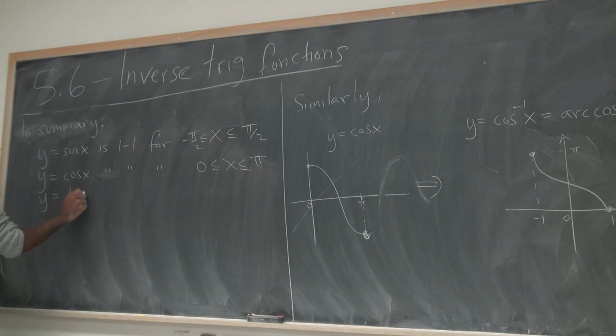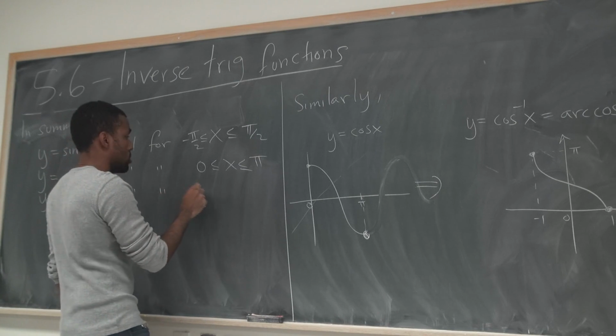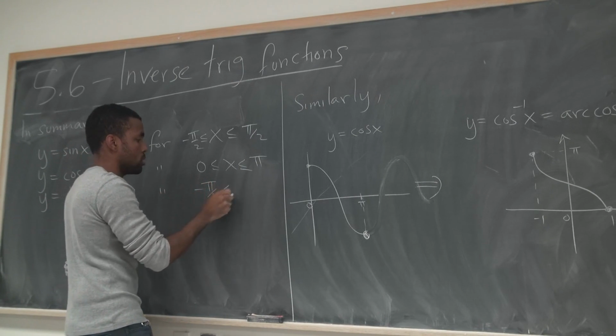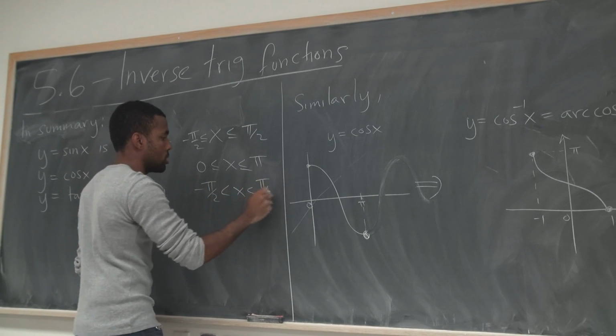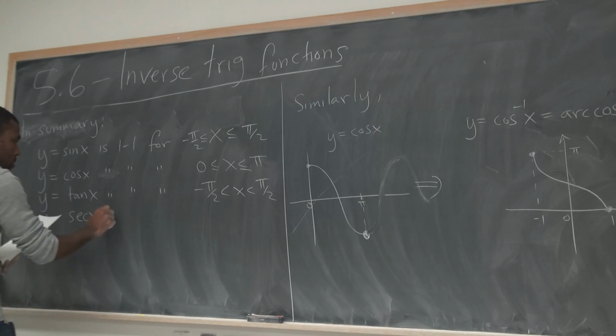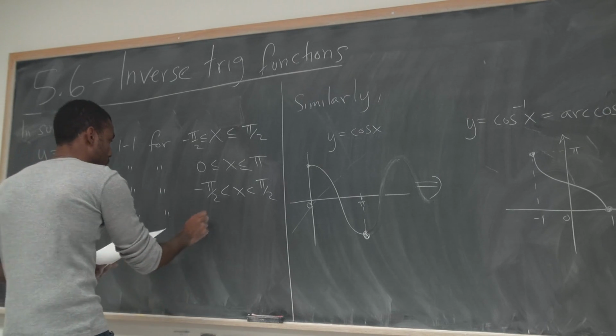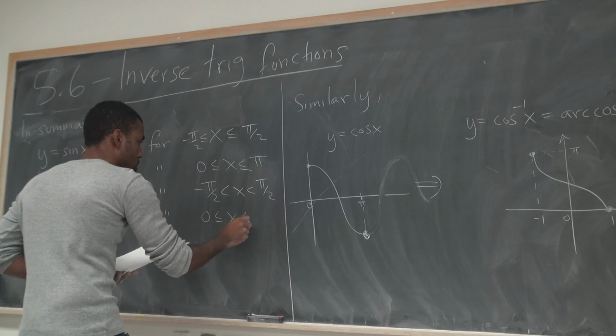Y equals tangent is 1-to-1 for minus pi over 2 to pi over 2 non-inclusive. Y equals, this next one let's edit secant, which is 1 over cosine, so it's going to be similar to cosine. Again, it's 0 to pi.